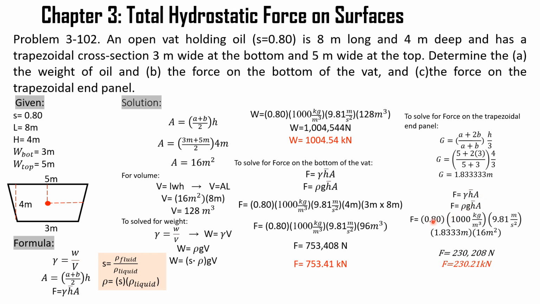So force is equal to 0.80 times 1000 kg per meter cube times the gravity of 9.81 meter per second squared times the height of 1.8333 meter times the area, which is equal to 16 meters squared. So the force on the trapezoidal end panel is 230,208 Newton. Converting to kilonewton, force is equal to 230.21 kilonewton.